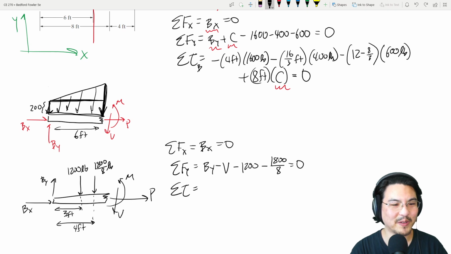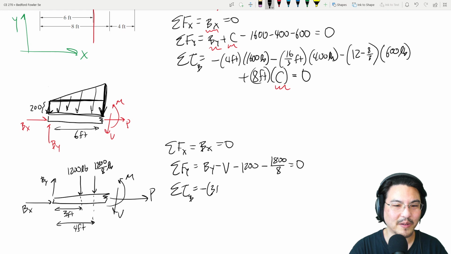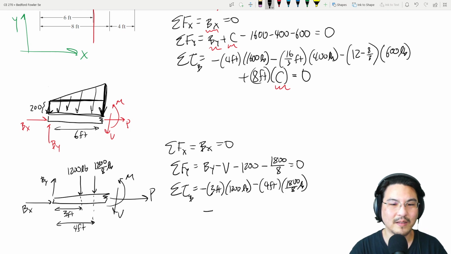Just for a change, how about if we sum torque about point B? Okay, so there's torque from this, so minus 3 feet times 1200 pounds. There's torque from this, minus 4 feet times this. And then there's torque from V, minus 6 feet times V, and the bending moment plus.